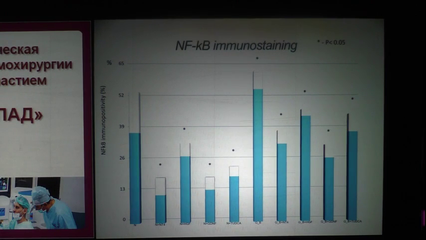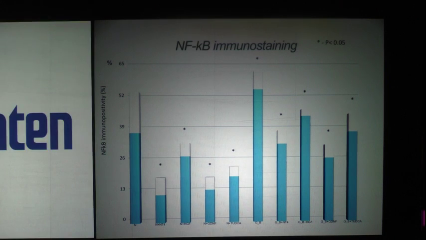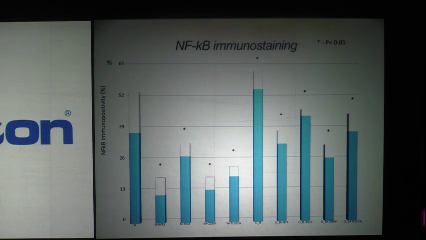NF-kappa-B immunopositive cells were also found significantly higher in the group of advanced glycation end products exposed retinas. All factors decreased that number, but the most significant decrease was observed in the group of neurotrophin-4.